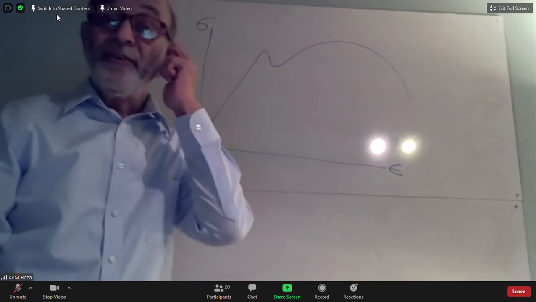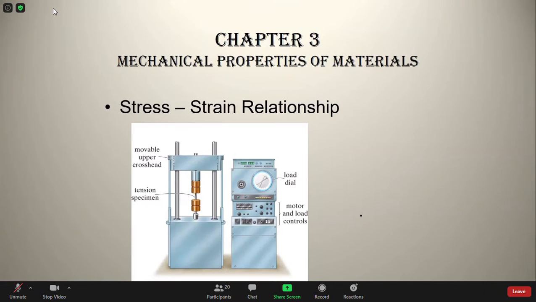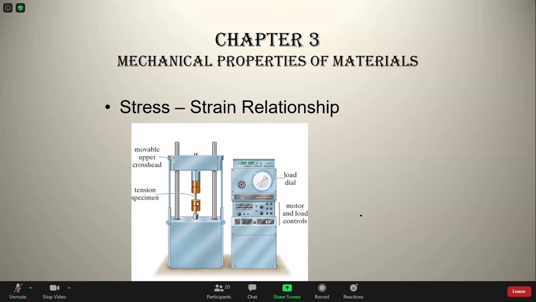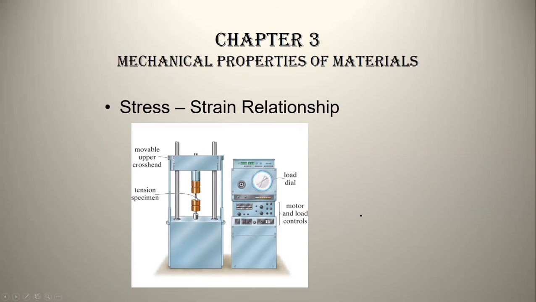So yeah, how do we do this is using what we call a universal testing machine, which is in front of you now. In the universal testing machine, you have two heads there, this one and this one, and in between you put your specimen.